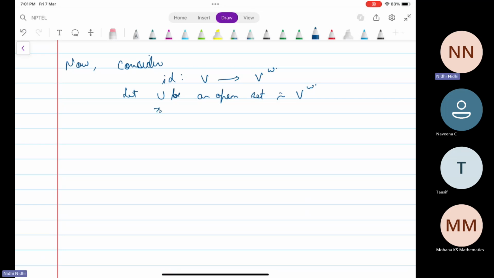Since every weakly open set is strongly open as well, U is open in V, or we can say that the identity inverse of U is open in V. This implies this identity map is continuous.